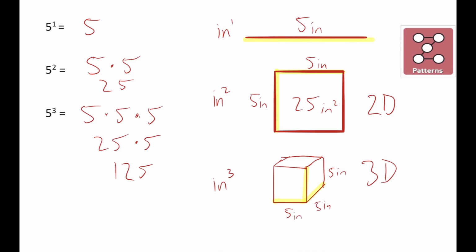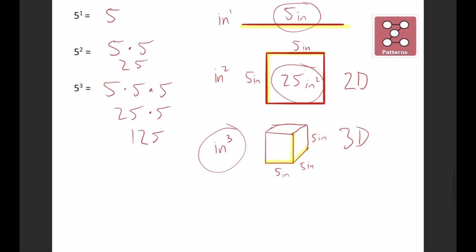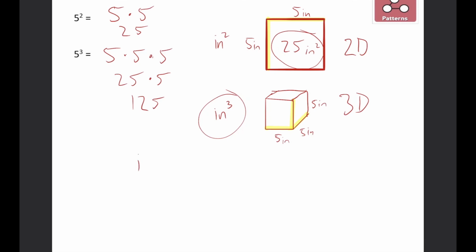So what you need to know is anytime you see inches as your unit, you're talking about linear measurement. Anytime you see in a word problem square inches, you know you're talking about area. And anytime you see inches cubed, or cubic inches, or cubic units, we're talking about a 3-dimensional object, or talking about volume.